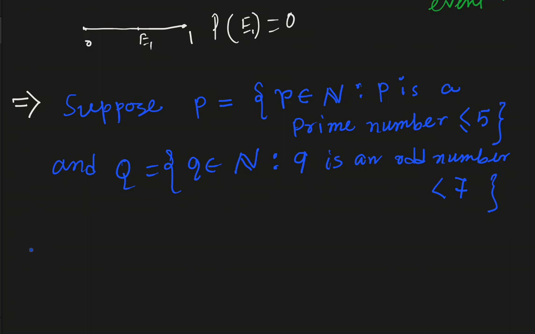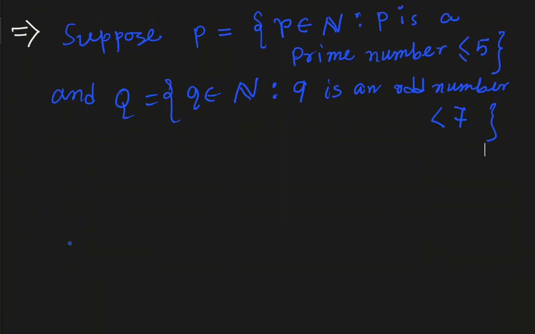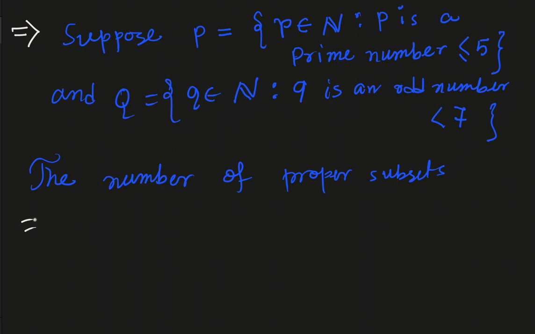Now we have to calculate the number of proper subsets. If there are n elements in a set, then the total number of proper subsets will be 2 to the power n minus 1, where n is the number of elements in the set.